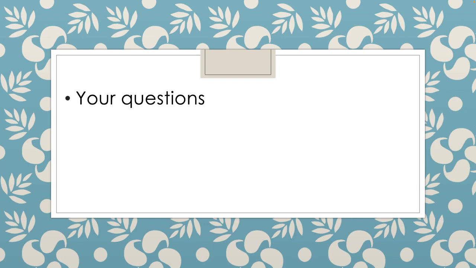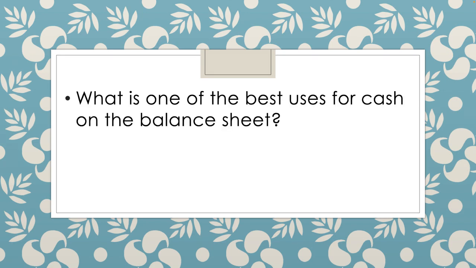So your questions. The first question is, what is one of the best uses for cash on the balance sheet? This is actually a very good question that a lot of companies spend a lot of time thinking about. What do we do with our cash? It depends on the company's overall strategy, right?